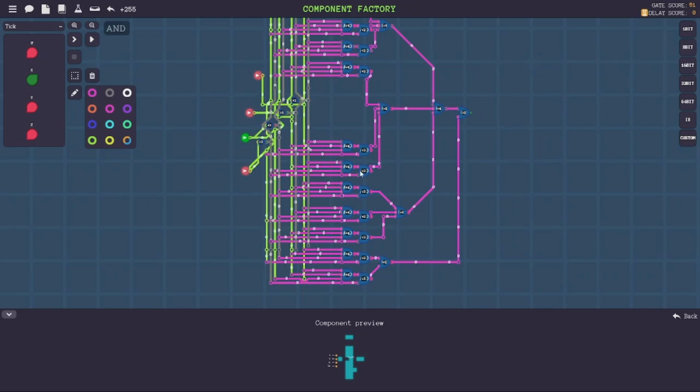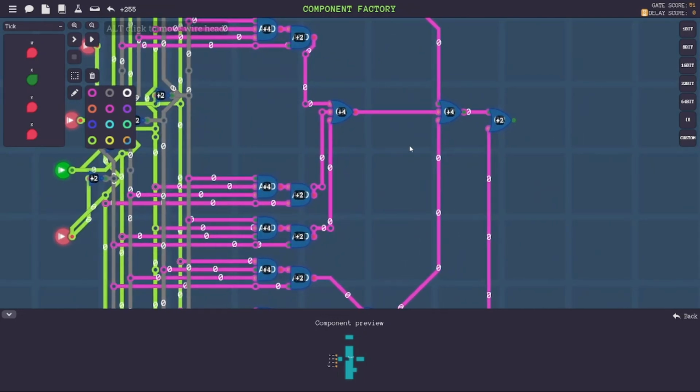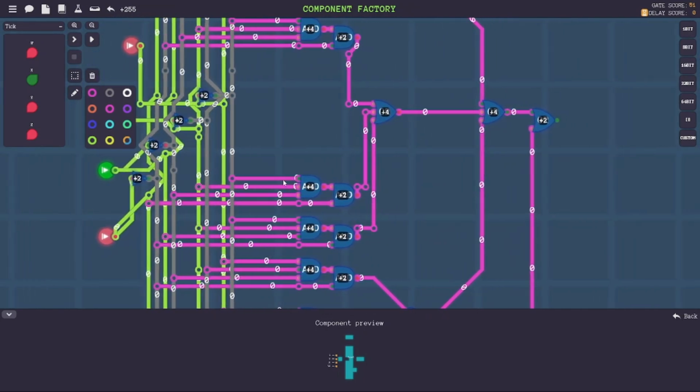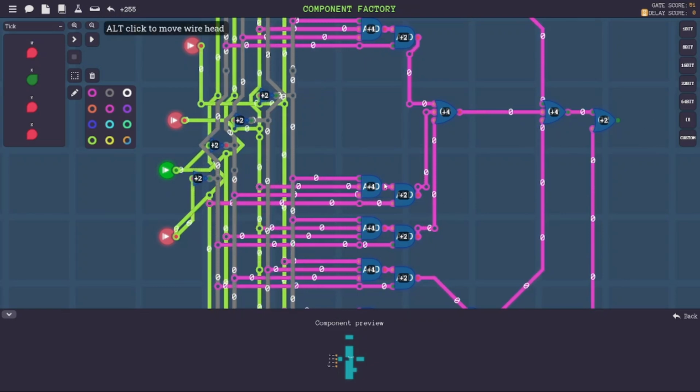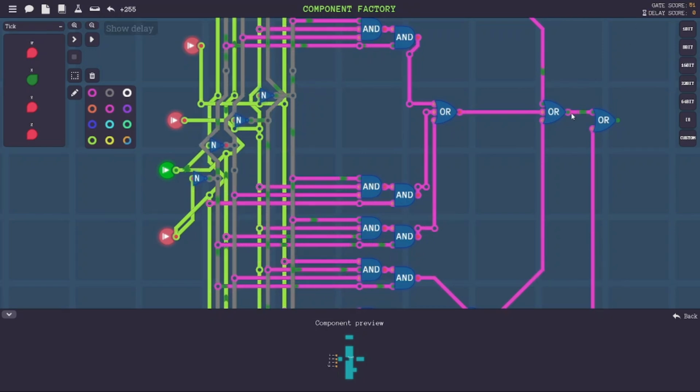However, you see how complicated this function is. Also, if I click here, you see the delay on each one of these gates. In each one of these AND gates or OR gates, there is a delay. So a signal coming from this line to the output has to go through many gates, which means more delay.